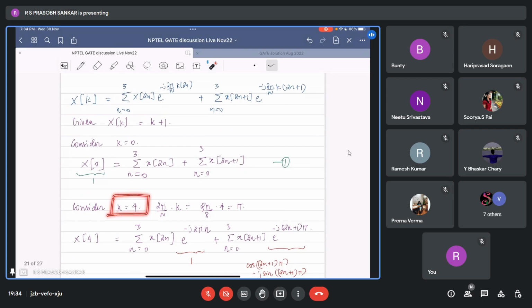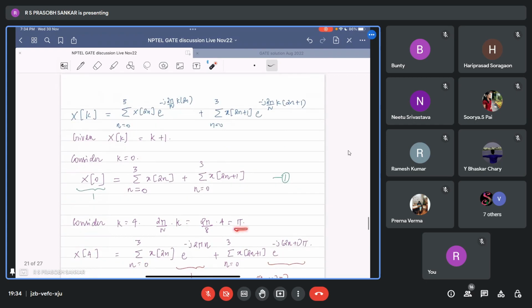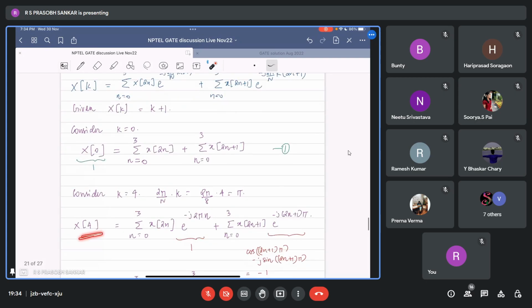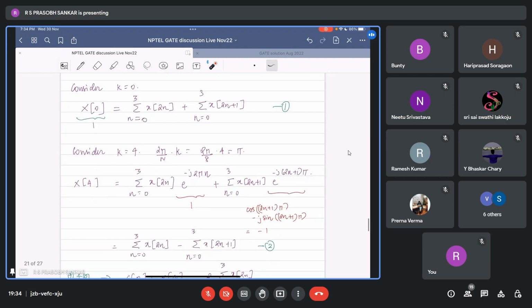If I choose k equal to 4, then this 2 pi by N k term will be pi. What it means is that x of 4 is given by summation over n 0 to 3 x of 2n e raised to minus j 2 pi n plus summation over n 0 to 3 x of 2n plus 1 e raised to minus j 2n plus 1 pi. This is how it will come.